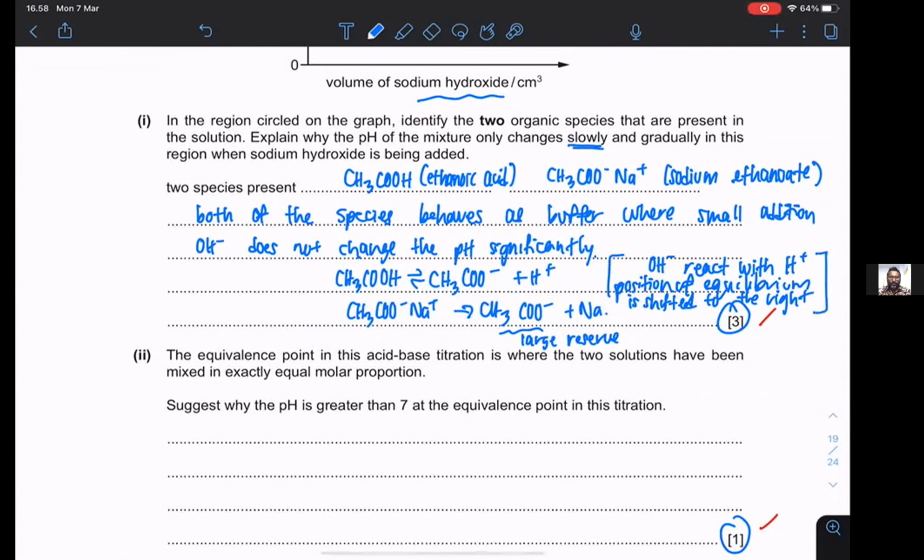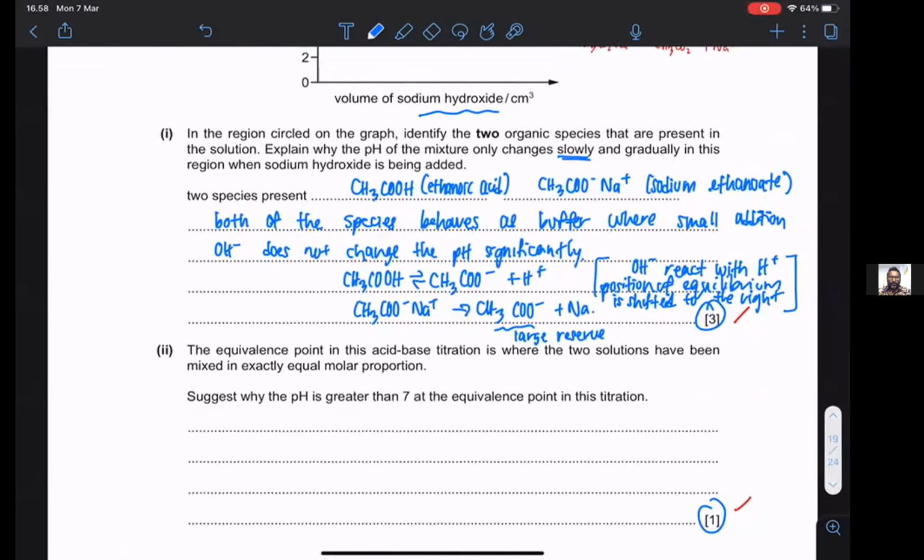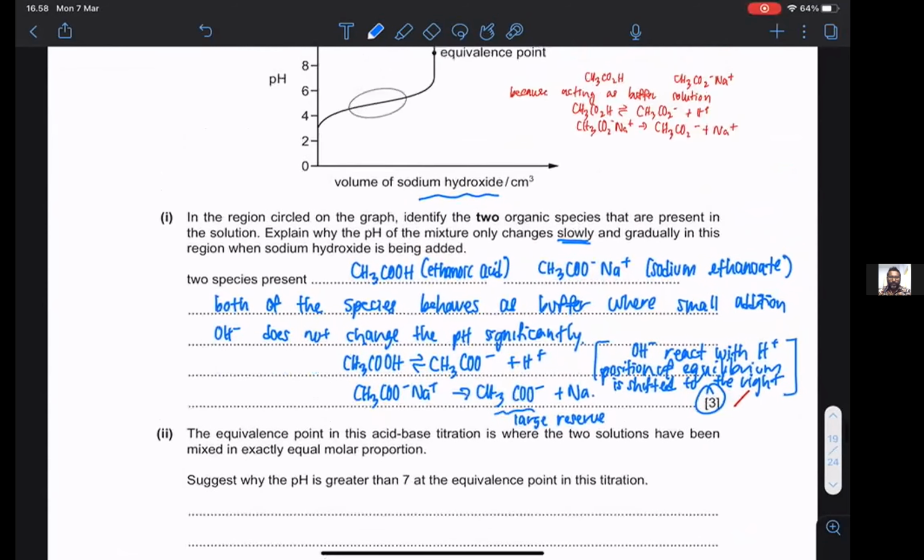Now, the equivalence point in this acid-base titration is where two solutions have been mixed in exactly equal molar proportion. So explain why pH is greater than 7. Basically, this is going to be carboxylic acid, which is a weak acid, and sodium hydroxide, which is a strong base.